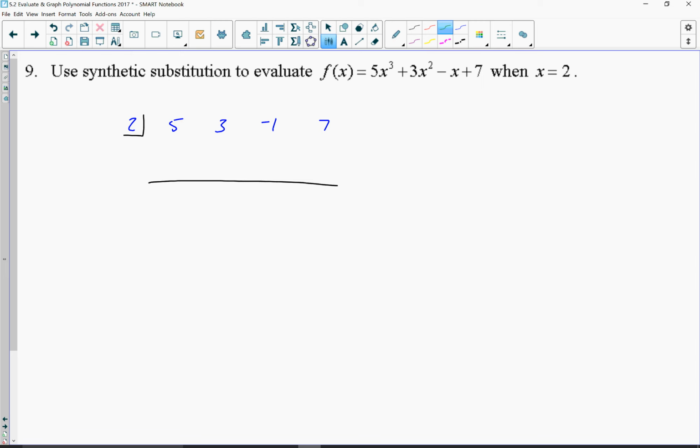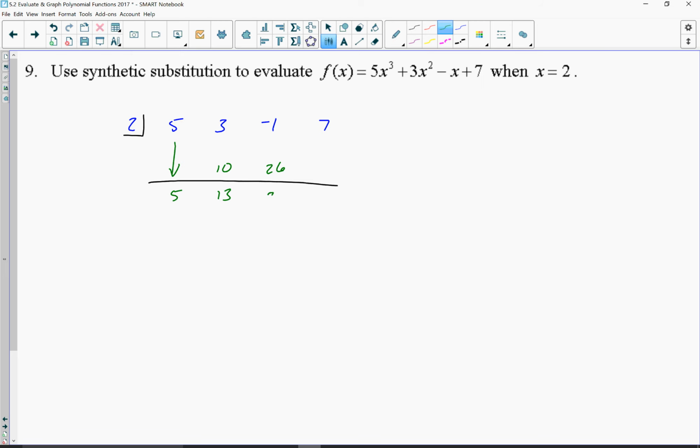So now, go through the process. I'm not really sure why, but I always draw the arrow in just to show myself that I'm dragging down the 5. If you don't put it there, it's not a big deal. So then to get numbers above the line, you have to multiply by what's in the box. So 5 times 2 is 10. Add straight down, 13. 2 times 13 is 26.